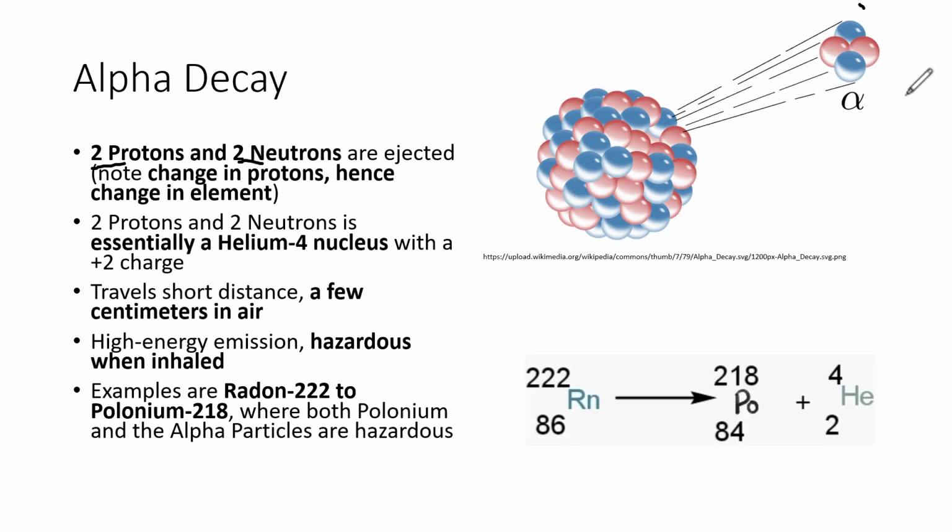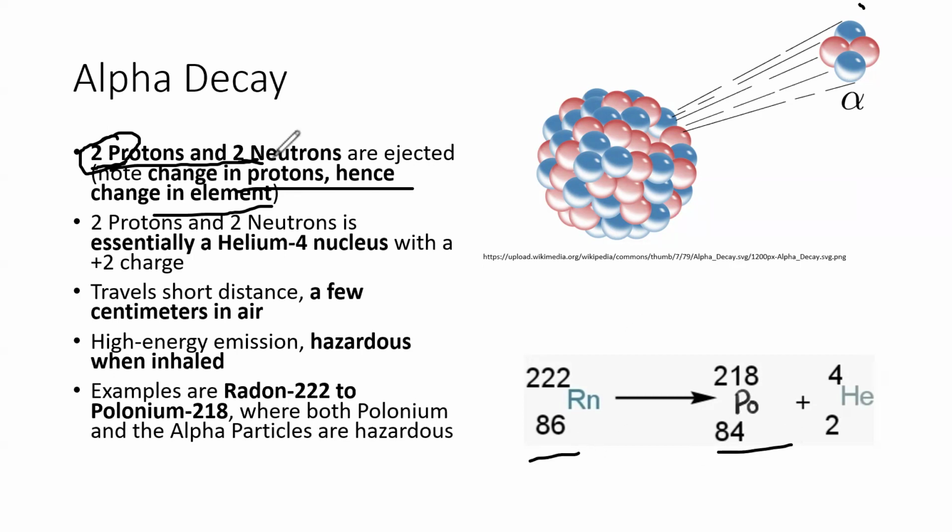You basically lose two protons and two neutrons, so the atomic weight of the element is reduced by 4. And take note, in alpha decay you lose protons, therefore there will be a change in the identity of the element.